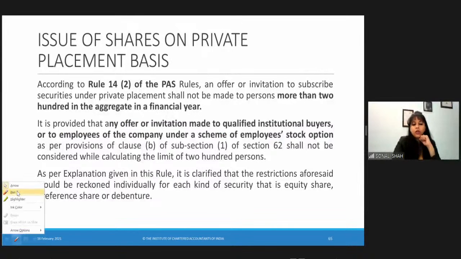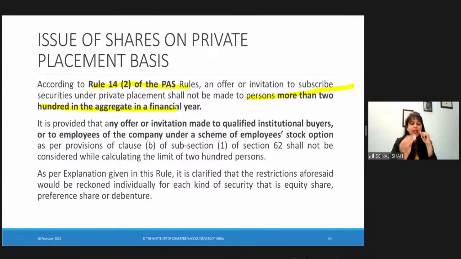Now, going through the rules provided here. According to Rule 14, sub-rule 2, an offer or invitation to subscribe to securities under private placement shall not be made to more than 200 persons in the aggregate in a financial year.